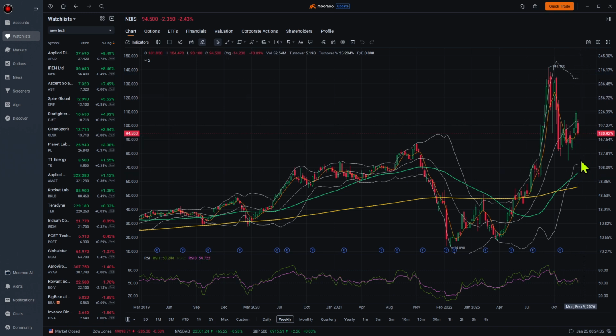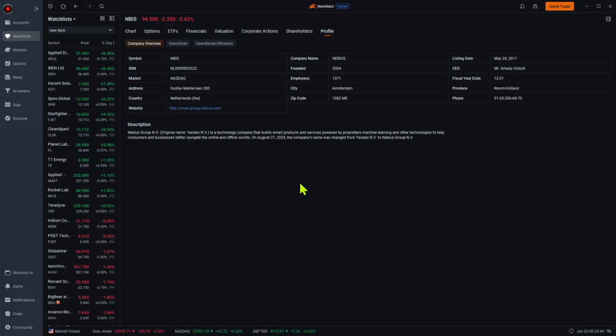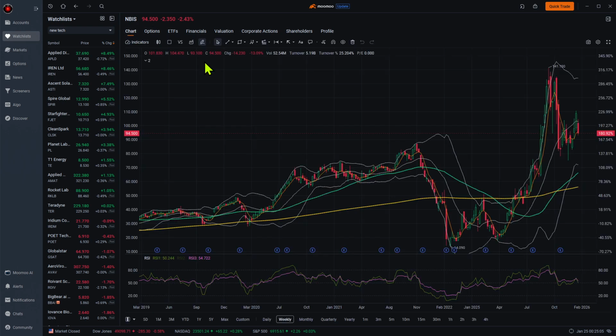And these are leveling off. You're not trending. I'd be more likely to get out of this. What is this? Yandex Technology. Smart products. I don't know anything about that, but I don't like that chart. So I would say overall bullish trend, but it's not trending bullish right now.